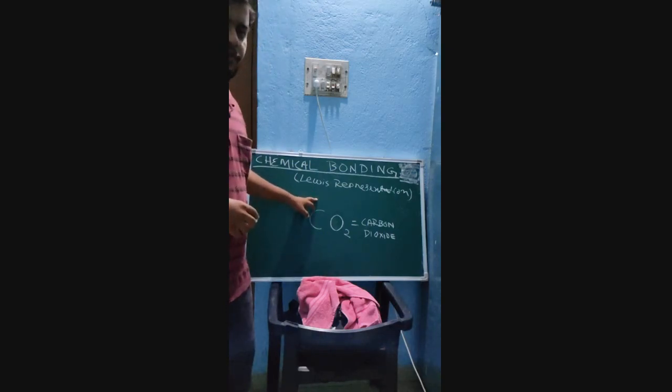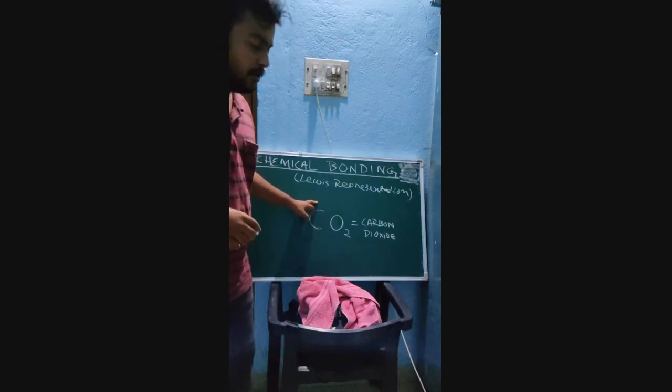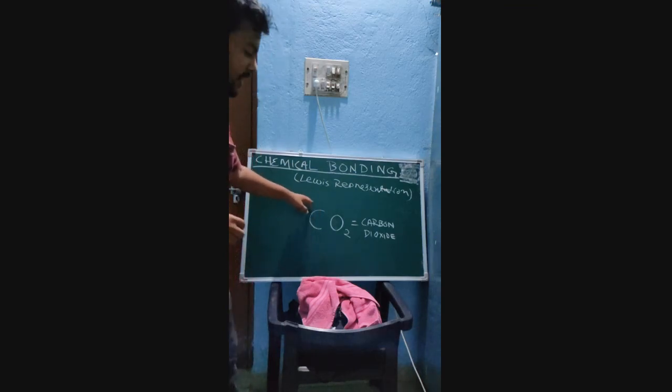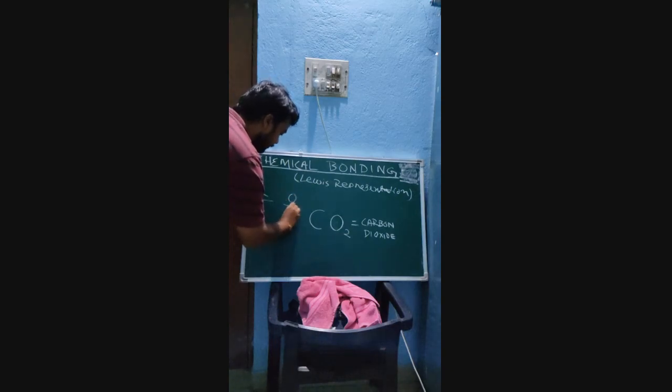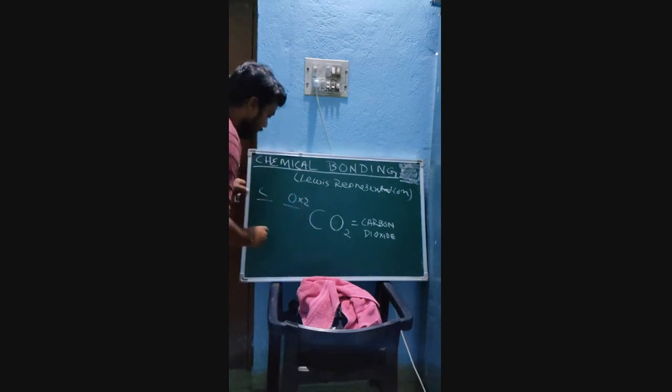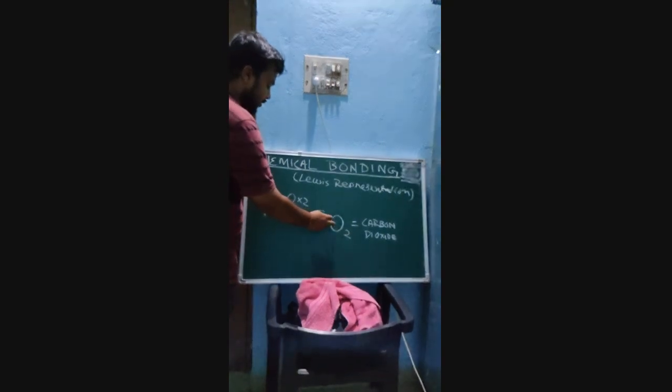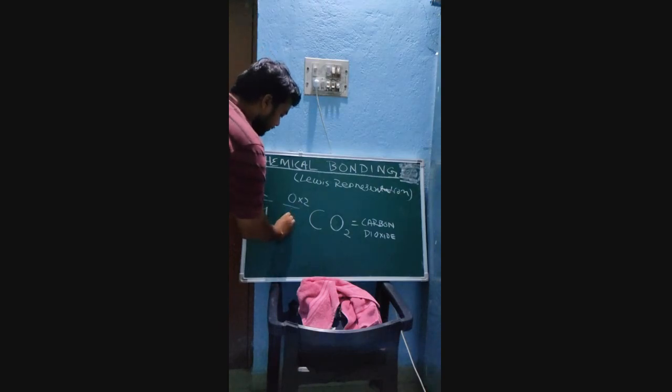So the first step is to calculate the number of valence electrons. So how many valence electrons does carbon have? If I write carbon and oxygen into 2, the number of valence electrons for carbon is 4 and for oxygen is 6.